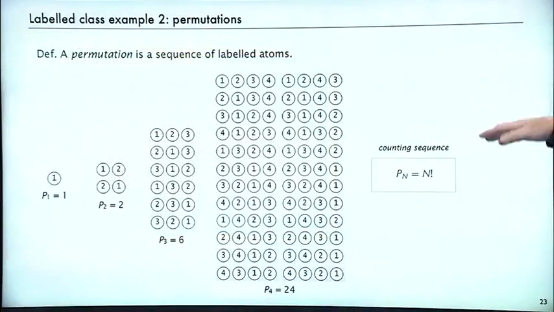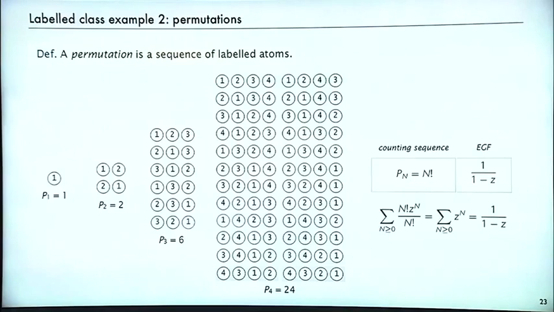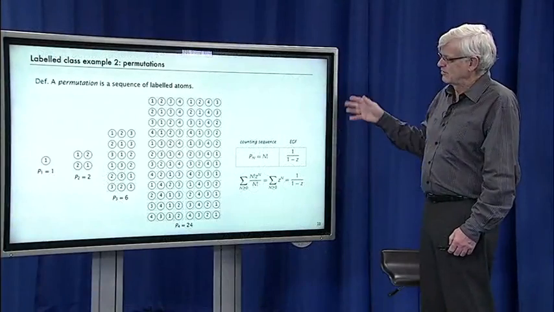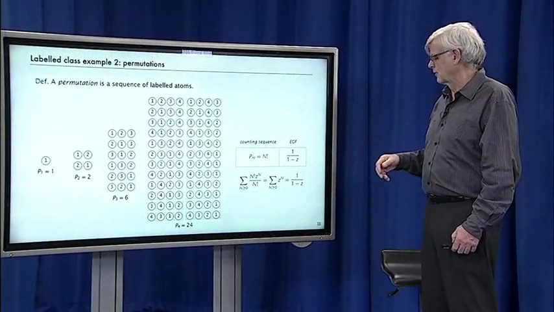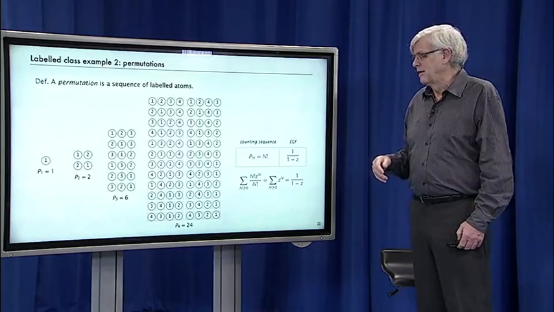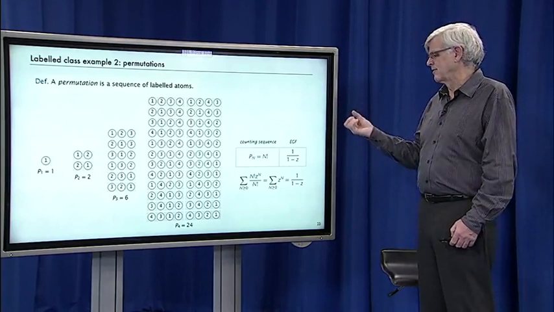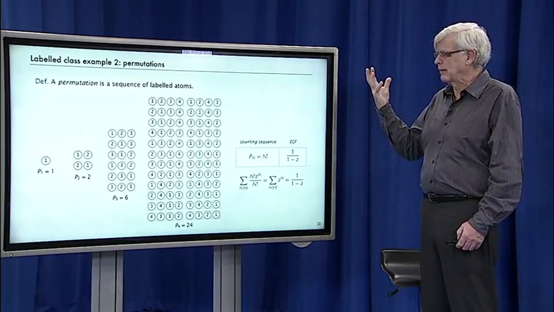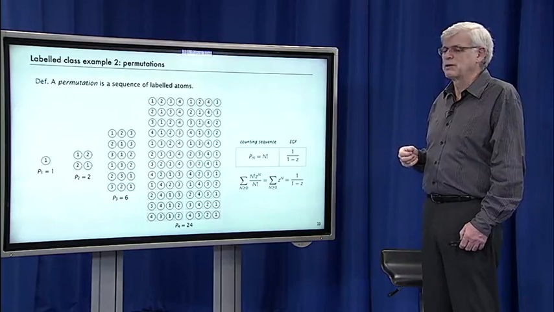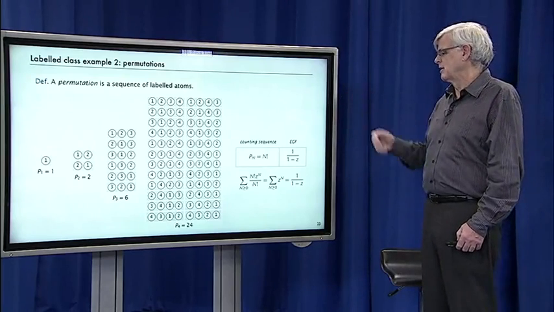Well, there's n factorial permutations of size n, and so the exponential generating function is that divided by n factorial times z to the n, which just leaves us with the sum of z to the n, or 1 over 1 minus z. So that's another basic combinatorial class. The n factorial serves to stop the generating function from blowing up too much because of all the different possibilities induced by the orderings.